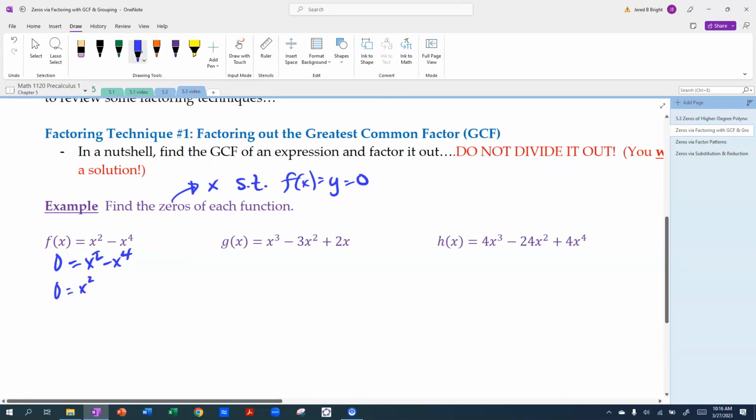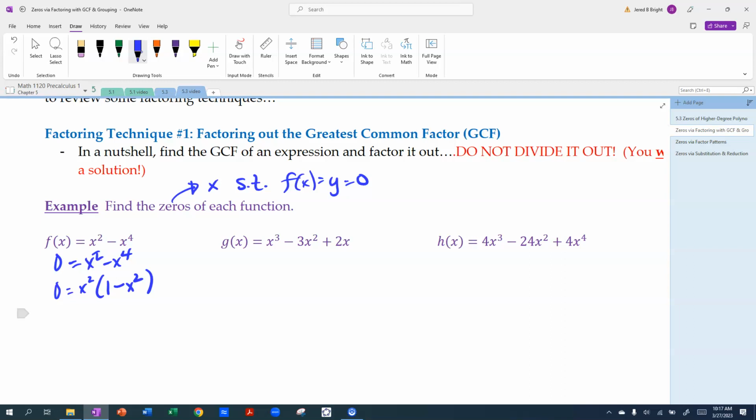Yes, there's an x squared in common. And when I factor out an x squared, it's a lot like dividing, but again, we're not dividing, because we'd lose solutions. But you'd have 1 minus x squared. If you remove an x squared from this term, or divide it out, you'd be left with 1. And if you divide x to the fourth by x squared, you just are left with x squared.